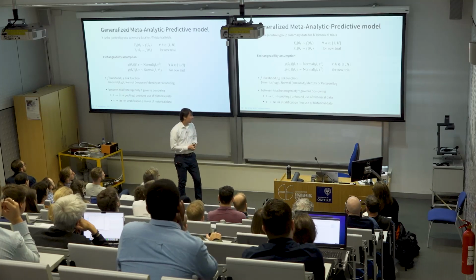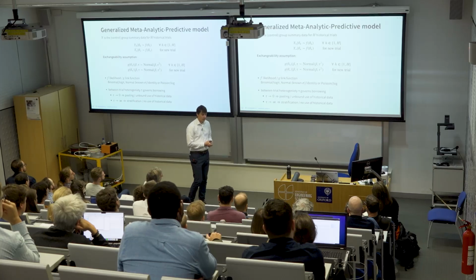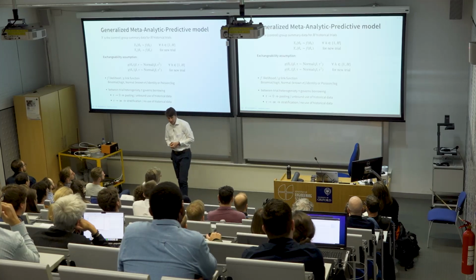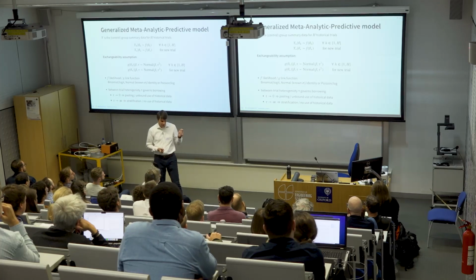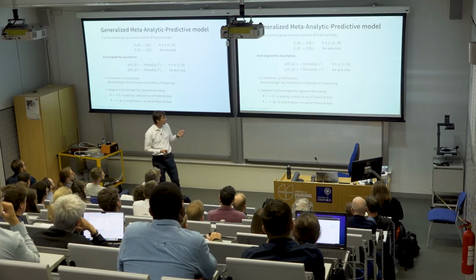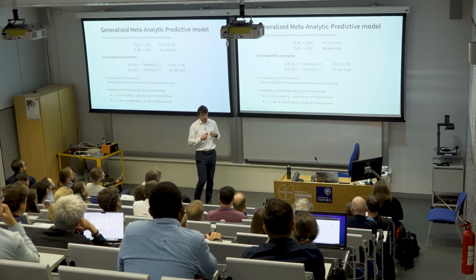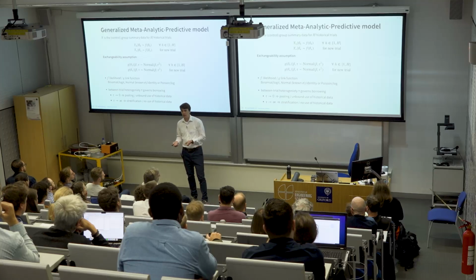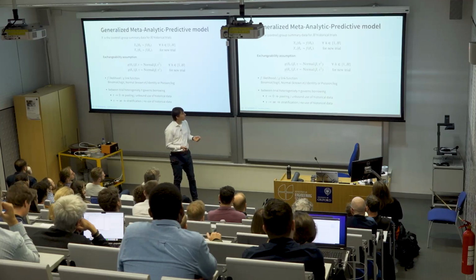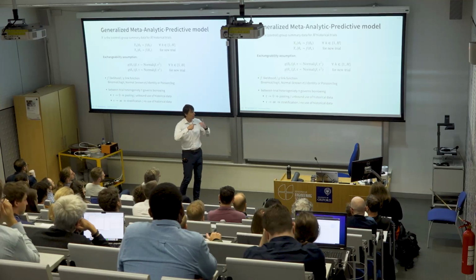The nitty-gritty parameter is really tau, because this controls between-trial heterogeneity, and the key limit cases are tau approaching 0, or very small values, meaning there is no heterogeneity in the data, so these parameters cannot vary much around this beta.